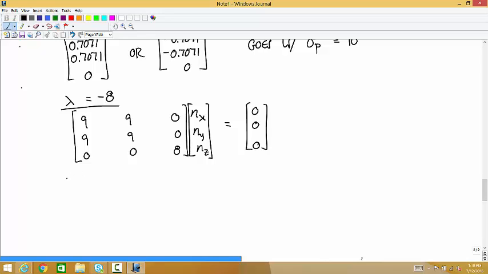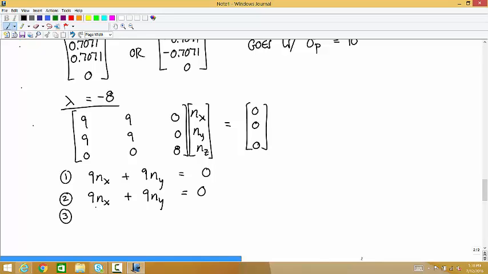And this gives us 3 equations. The first one says 9nx plus 9ny is equal to 0. The second one says 9nx plus 9ny is equal to 0.